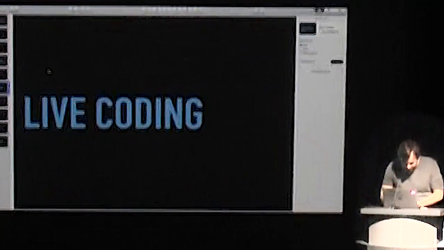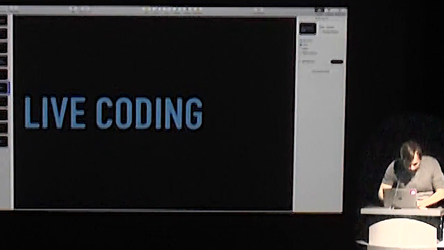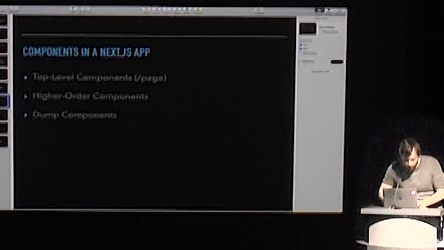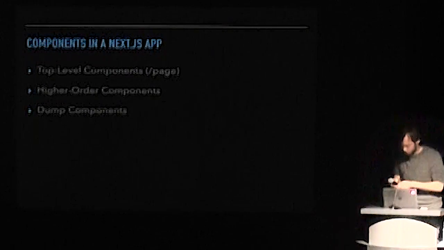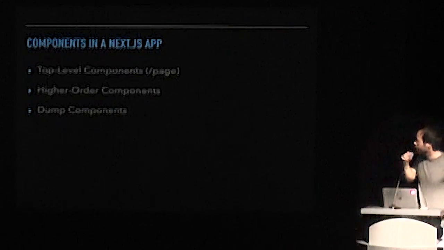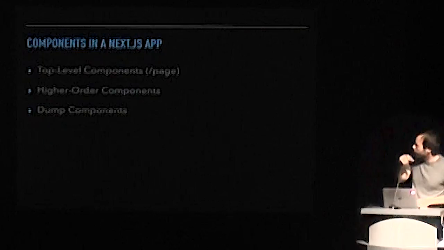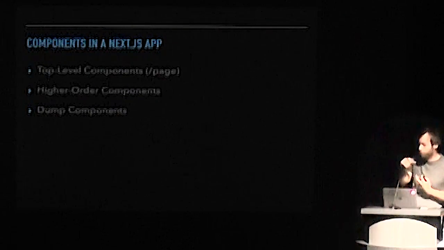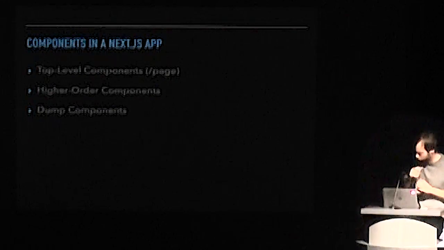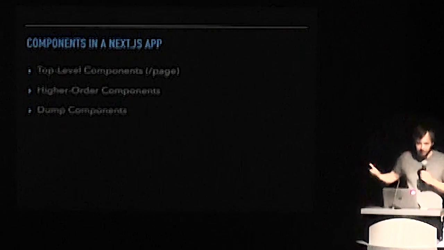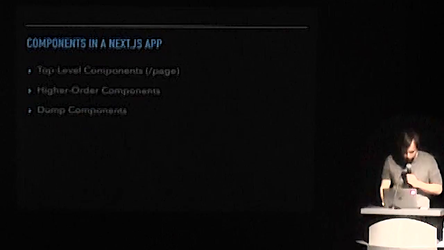So let's stop live coding for now, and let's recap what we just did. We have these 3 basic components, and Next.js introduced this new top-level component, which is similar to any other React component.